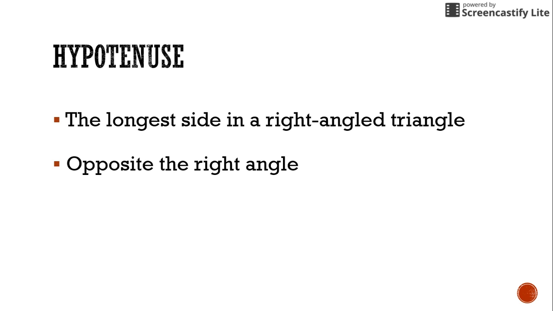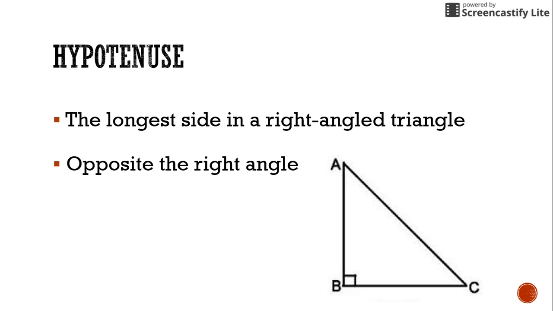opposite the right angle. Alright, so let's say, given an example, this is our right angle triangle, and let's identify which is the hypotenuse. Well, from our eyes, we can see that AC is the hypotenuse because it is the longest side. It seems to be the longest side.